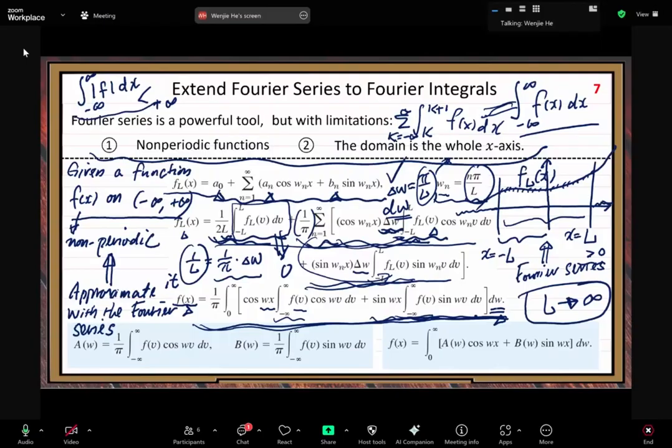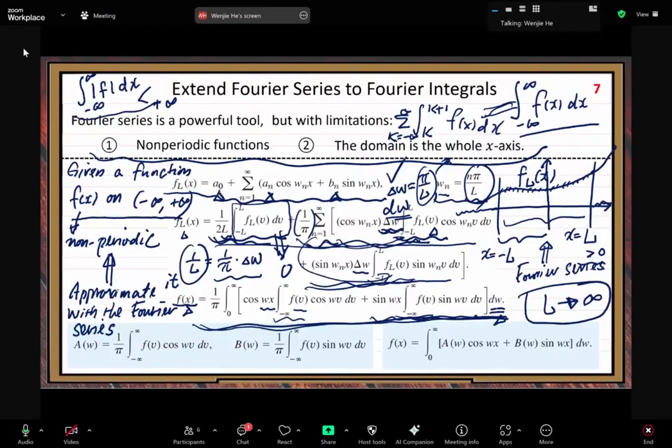Two levels of integrals, an inner integral and an outer integral. It's a double integral, right? The second term, the sine term, is also a double integral.